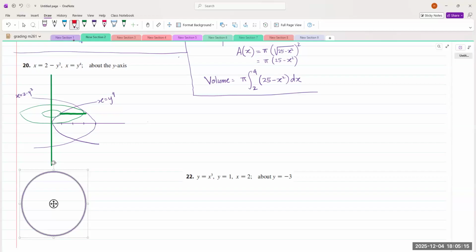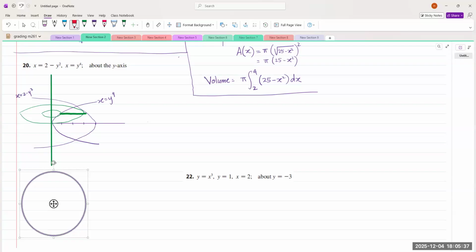With this radius from here to here. The radius is x, which is 2 minus y squared. From here you go to here, but this is part of this parabola, right?